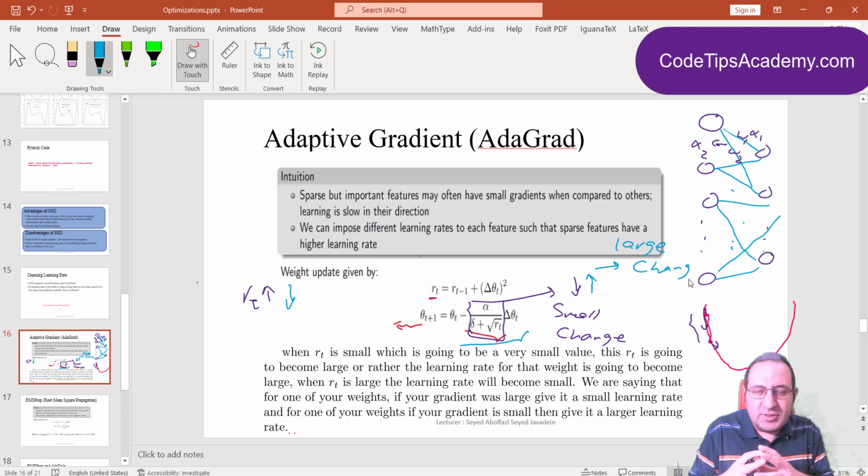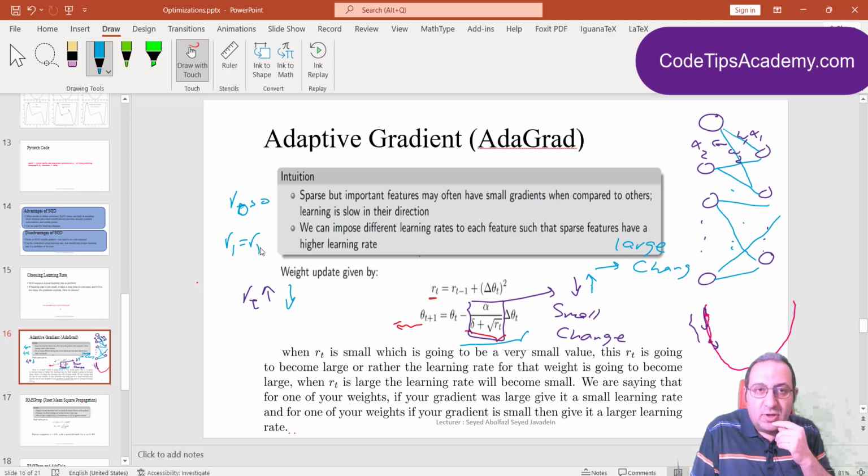What does this mean? This means that at the first step, RT is 0, and at the second step RT for step 1 is R1. This is for step 0. R0 is 0.